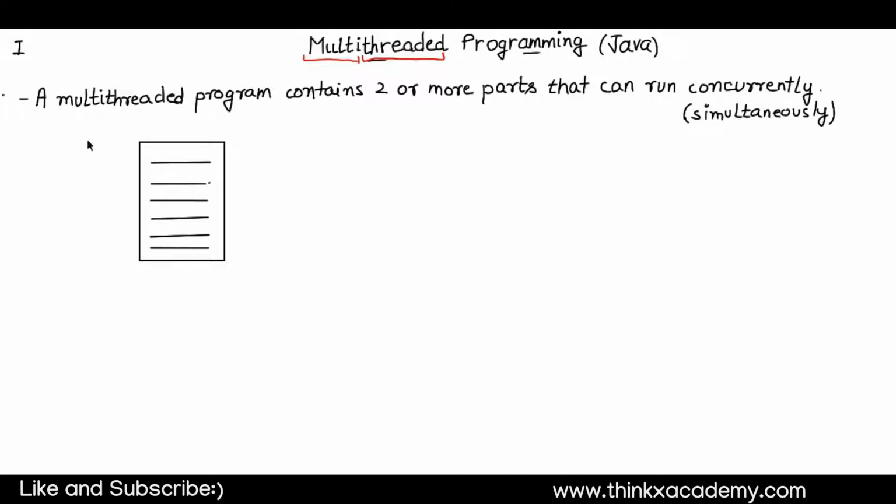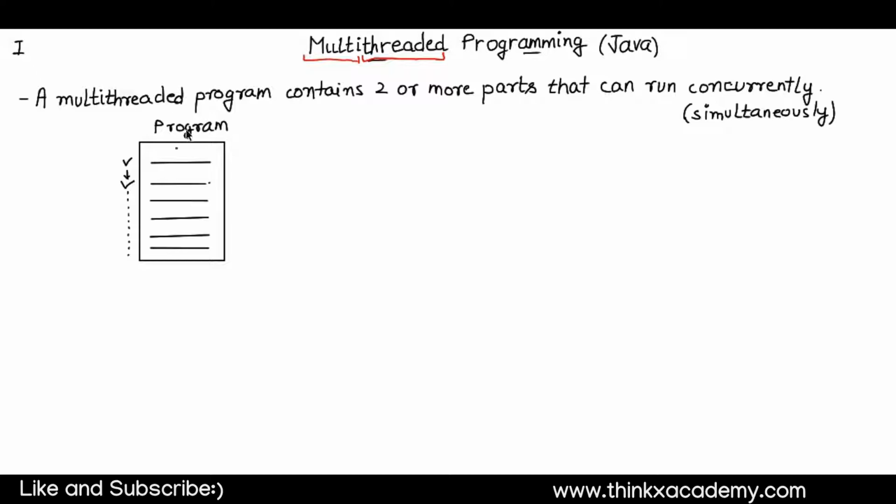What we know about this program is that if this is a single program, the execution takes place from the first line to the last line. The first line will get executed, and then the second line will get executed, and it moves on sequentially. This is the general flow of execution in a program.